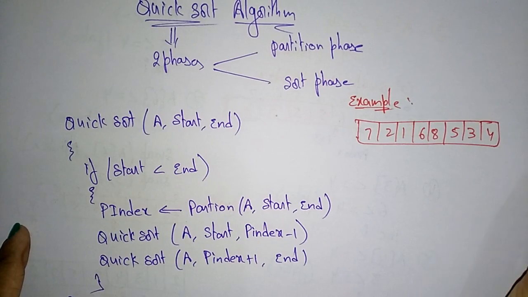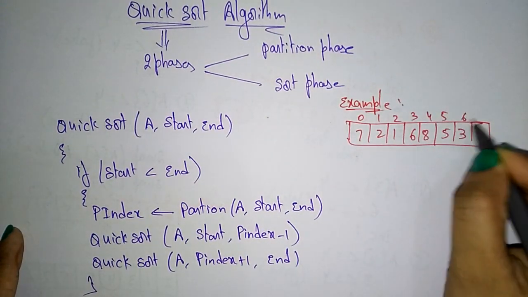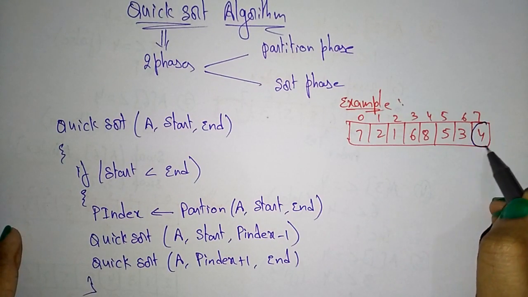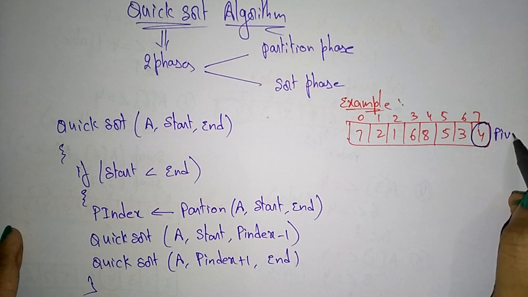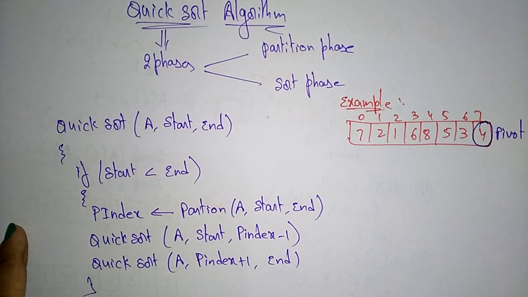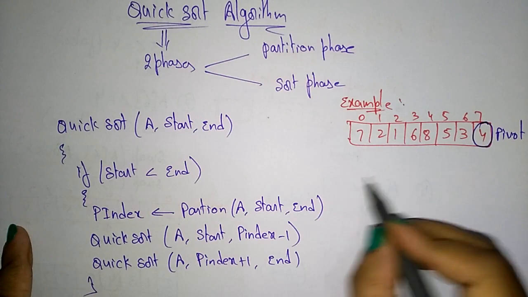So this is an unsorted array, indices 0 1 2 3 4 5 6 7. Okay, so now here we select the last element as the pivot element. Now that pivot element has to be placed in the middle.